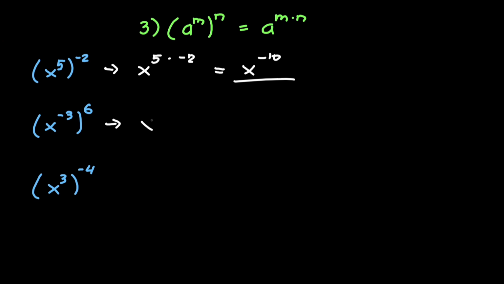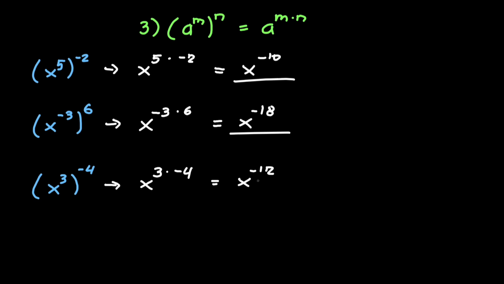It would be x raised to the power of negative 3 multiplied by 6, which would be x raised to the power of negative 18. For this one, it would be x raised to the power of 3 multiplied by negative 4, which would be x raised to the power of negative 12.